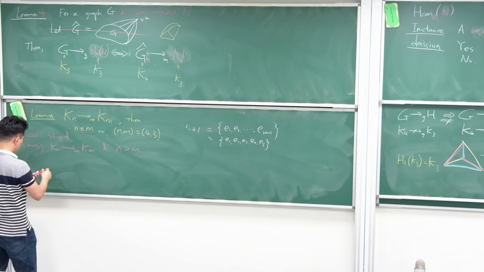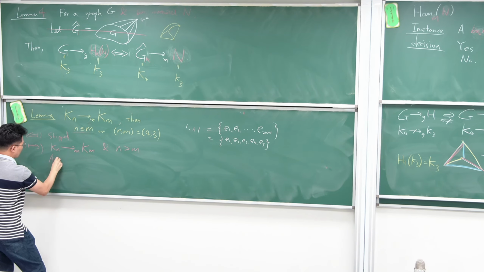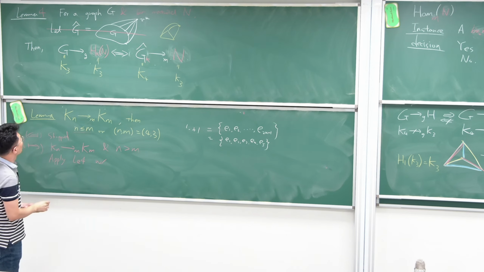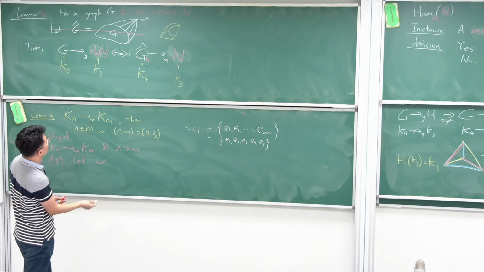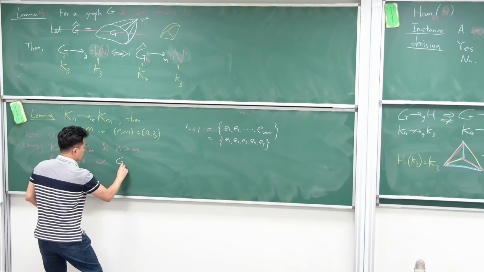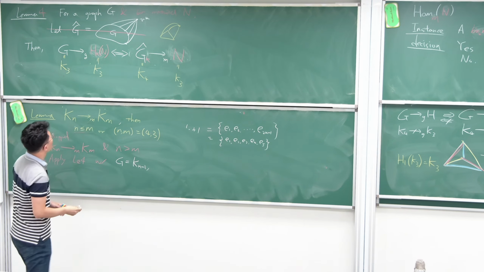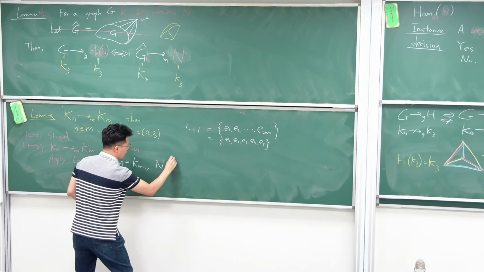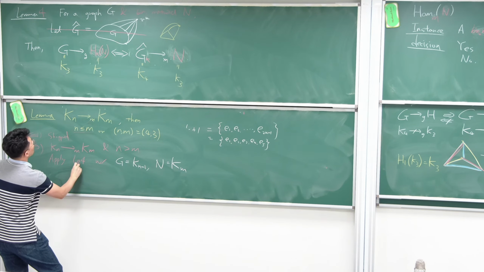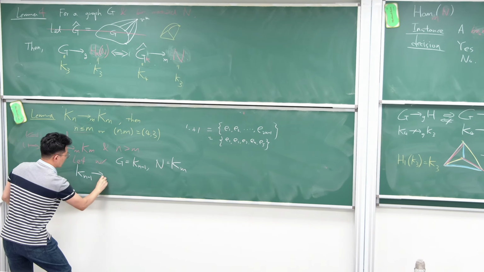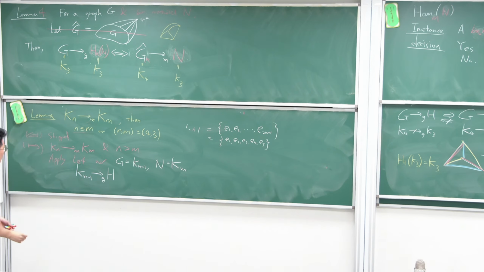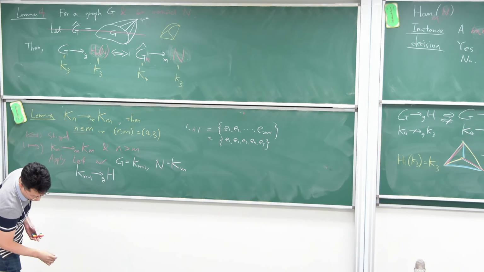Then we use this lemma with G as K_{n-1} and N as K_m. Then we have, I think it should be 1.